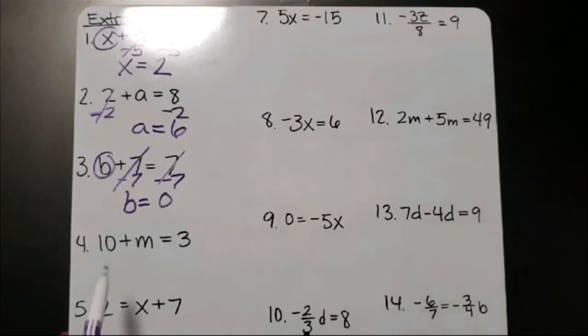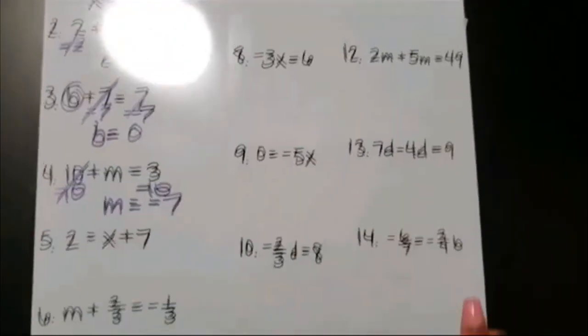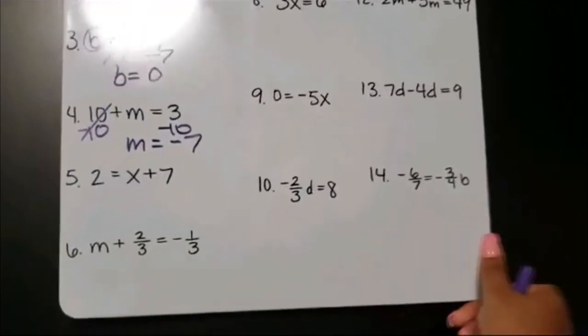For number 4, again, we have this 10 plus m equals 3. This 10 is positive, so we subtract 10 to get rid of it. So 10 minus 10 is 0. We're left with m. And on this side, we have 3 minus 10, which is negative 7. So the answer to number 4 is m equals negative 7.